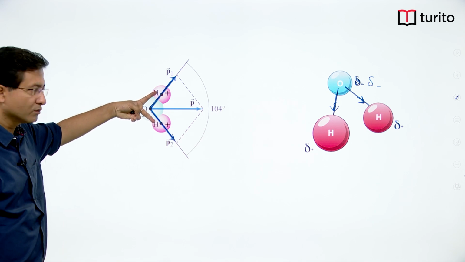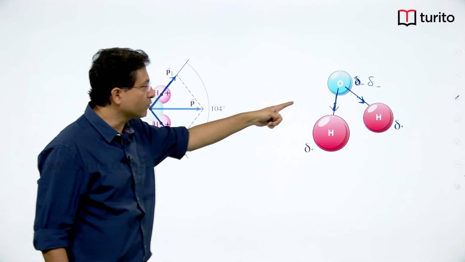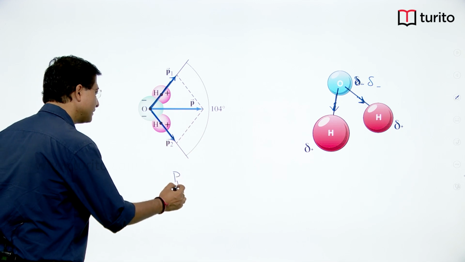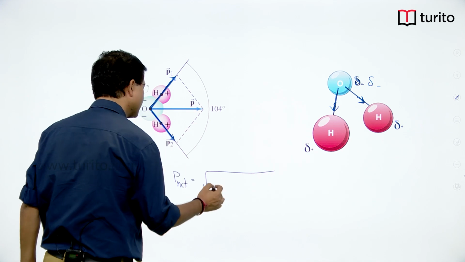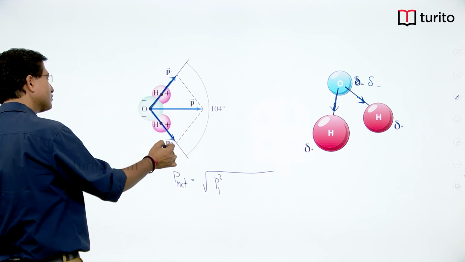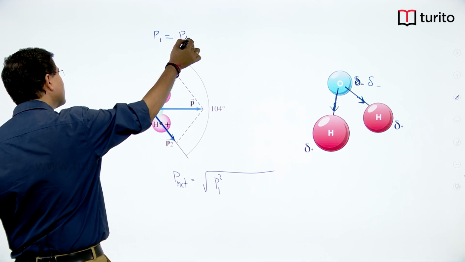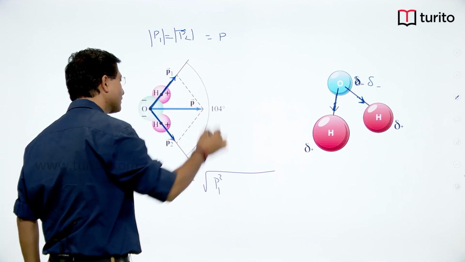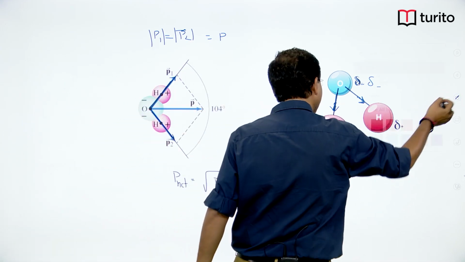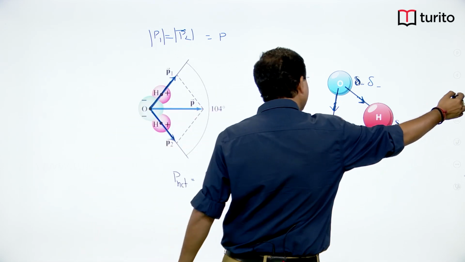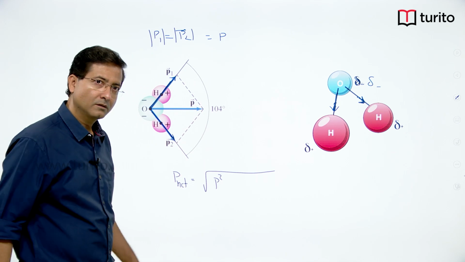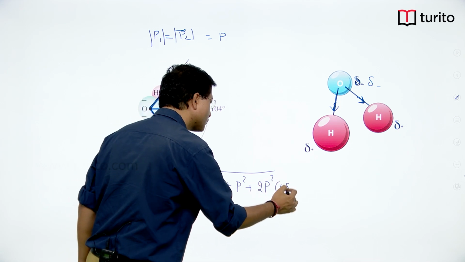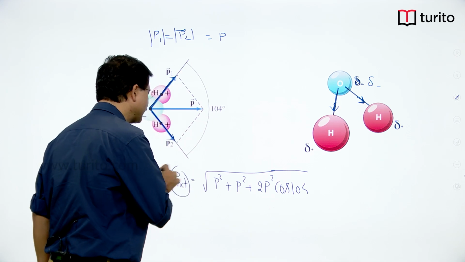If you add these two, the angle between them comes to 104 degrees. So, the net dipole moment is equal to under root P1 square, and both will be the same, P1 equal to P2 magnitude wise, so I can directly write this as P. Instead of writing P1 and P2 I will write P: the net dipole moment is the square root of P square plus P square plus 2 times P square cos 104.